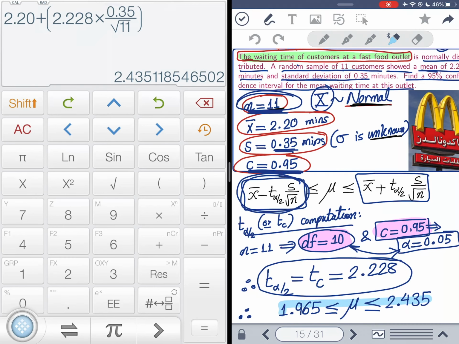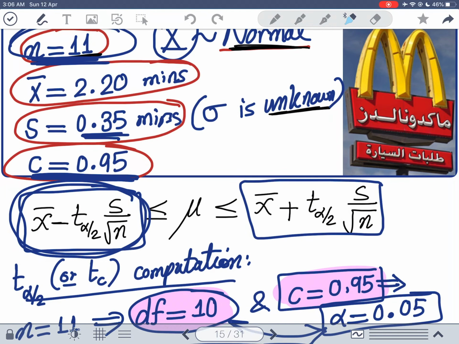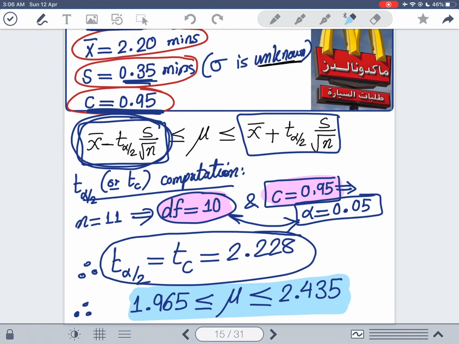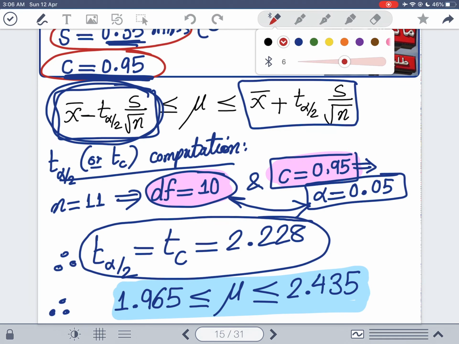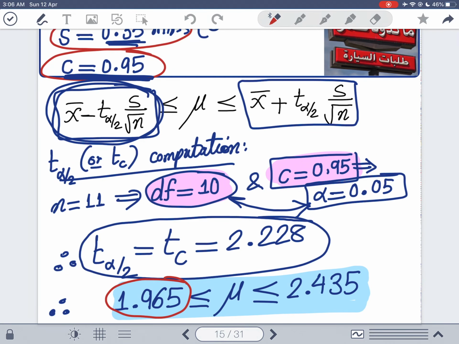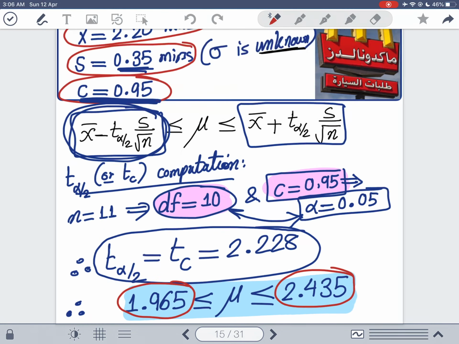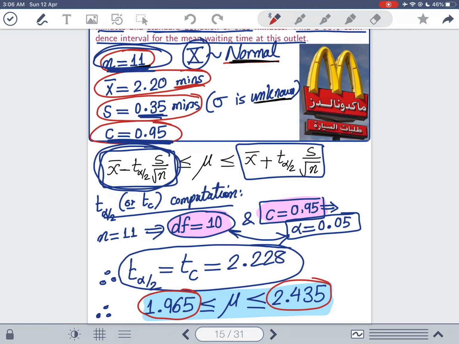We are 95% confident that our population mean is going to be between these two numbers. The numbers that you see here, 1.965 and 2.435, are in what units? Of course, they follow the same units as x bar and s, minutes. So the mean waiting time is between 1.965 minutes and 2.435 minutes.